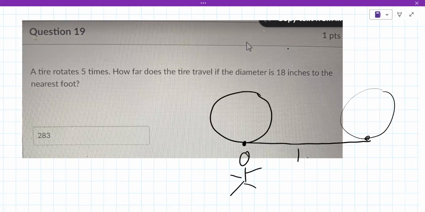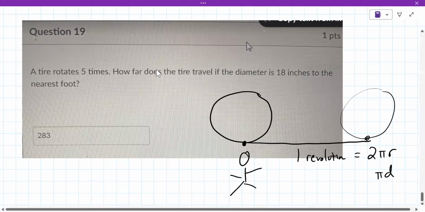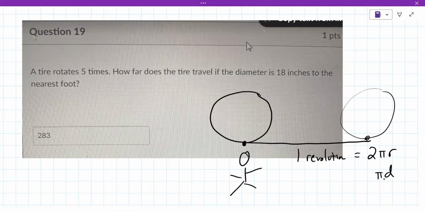It's gone 1 revolution. 1 revolution is the circumference, 2 pi r, or pi times d. They're both the same. So if it goes around 1 time, it's pi times d, or 18 pi.